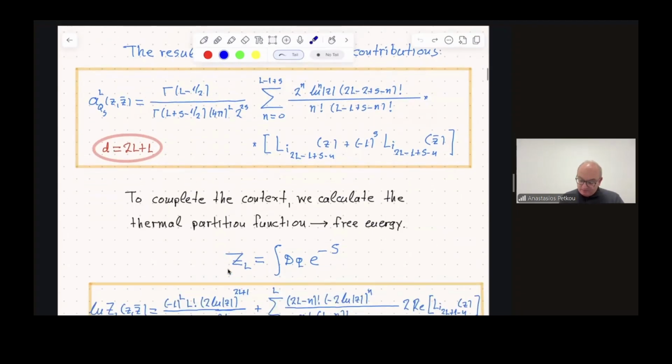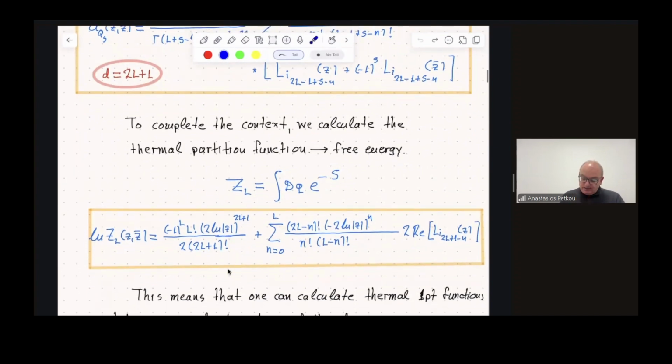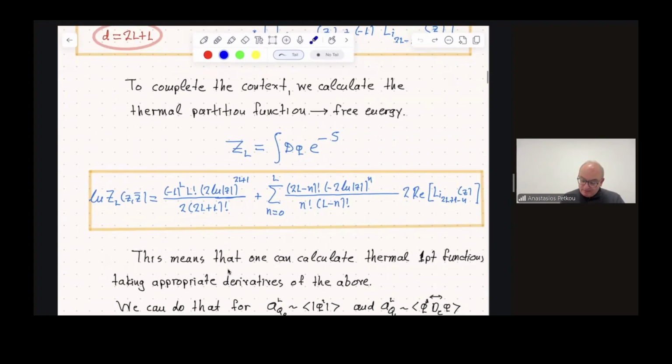Anyway, that's the result. Now, to complete the context, because we want to interpret this as a thermal two-point function, we can also calculate the free energy, which is the logarithm of the partition function. The calculation can be done, again, using field theoretic methods. Now I start putting L to denote the dimension of space-time instead of D. And that's the result.